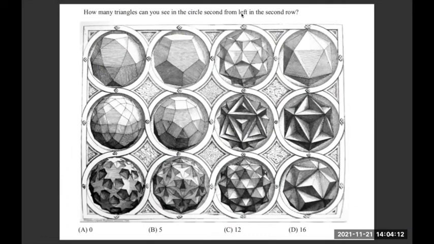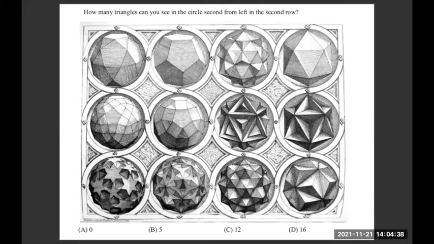You are given this complex figure, and what you have to find is the number of triangles that are present in the second circle from the left in the second row.